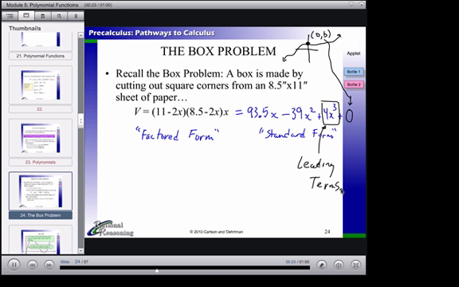So factored form is this. Each one of these is called a factor. Each individual thing that's multiplied together is a factor. The factored form is very helpful with what's called the zeros or the roots of the function.